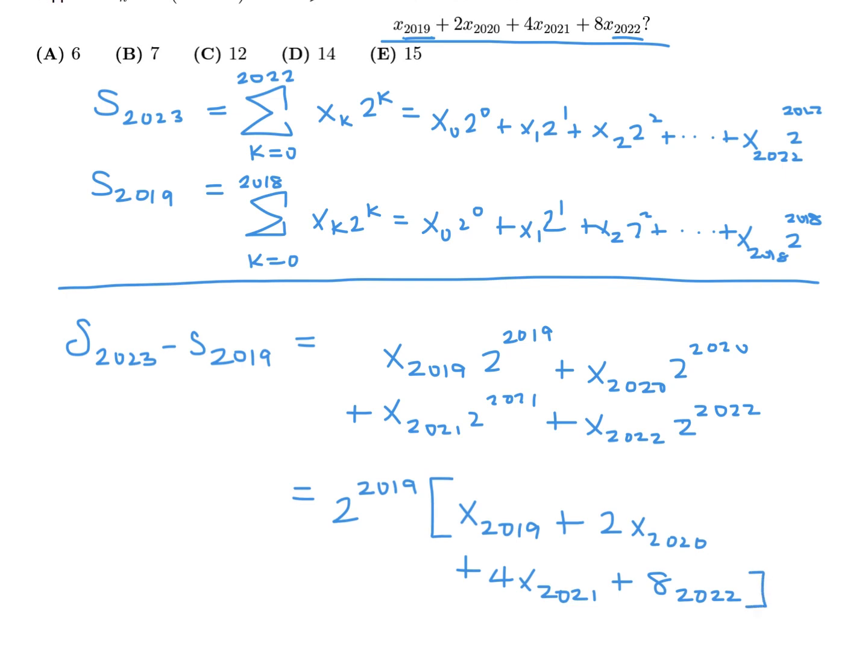And this right here, what I have in the brackets, if I'm not mistaken, is identical to that. Yeah, this guy in the brackets. So I think that this is pretty much all I would need to do.